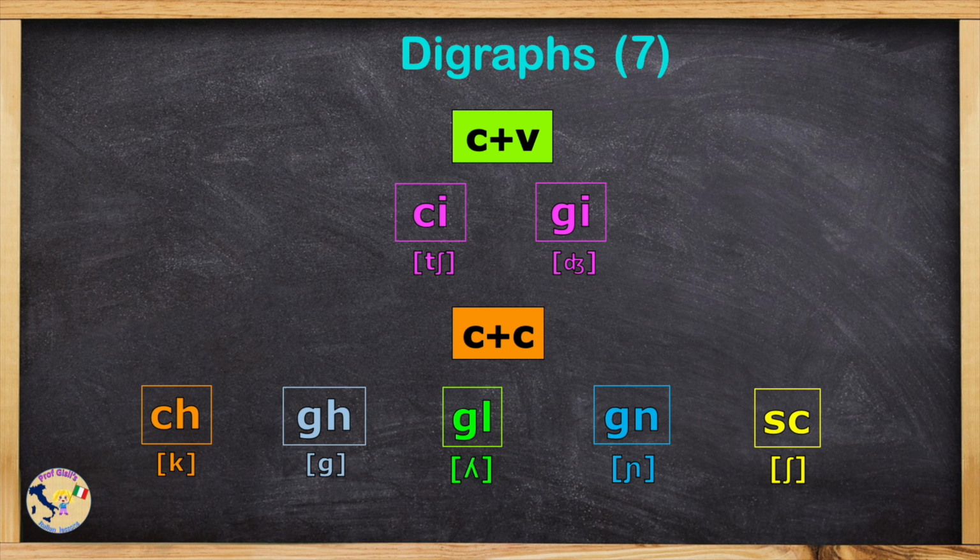Whereas sh is a familiar sound to English-speaking learners, sounds L and N might take some time for you to get used to, but again, persevere in practicing them and you'll soon be able to get the perfect pronunciation. One thing you should be aware of is that 2 of these digraphs, GL and SC, can also function as normal clusters, where 2 letters represent 2 sounds. Let's take a closer look at them.